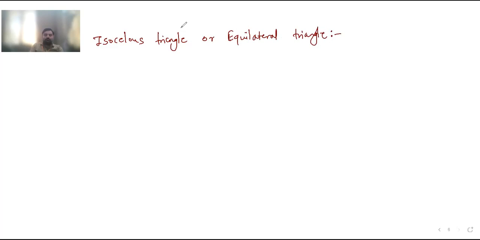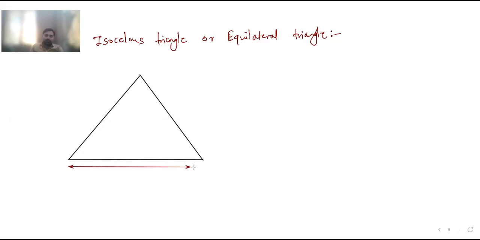Okay. This is the triangle now. Let us say that B is the base of the triangle and H is the height of the triangle. B is base, H is height.